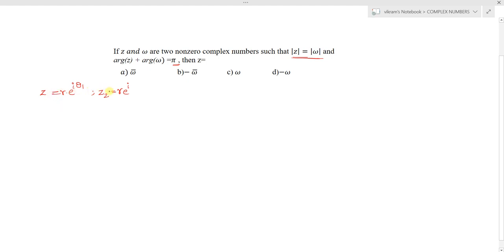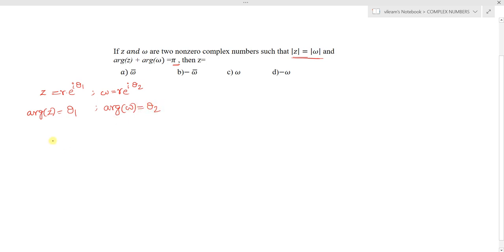z as r into e power i theta 1, and the next one, w, as r into e power i theta 2. Here the argument of z is theta 1, and the argument of w is theta 2.